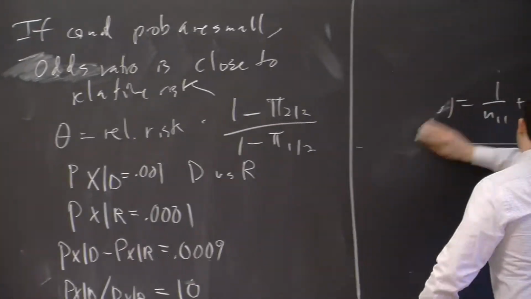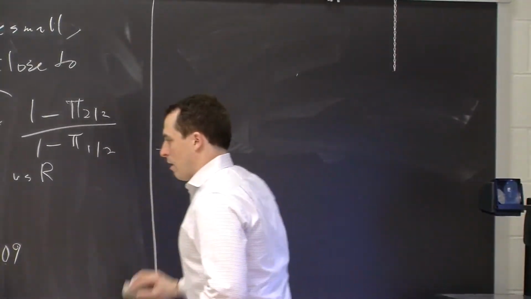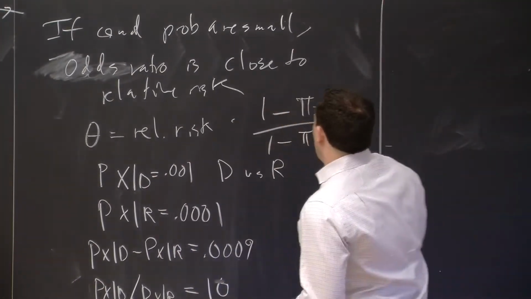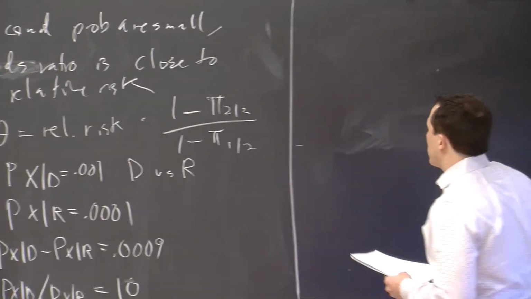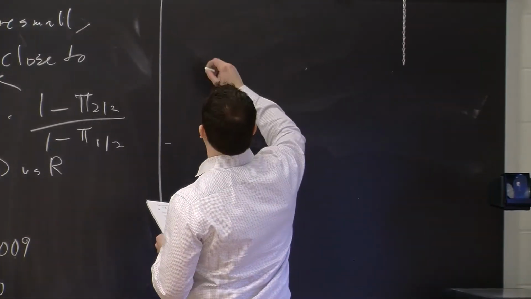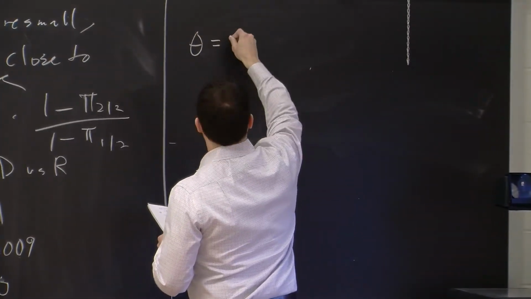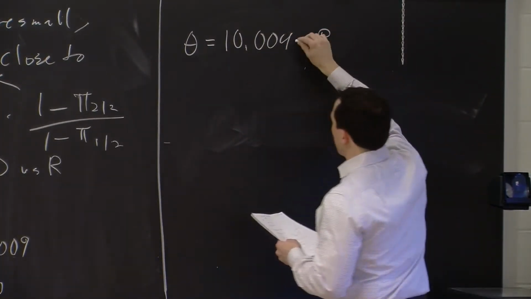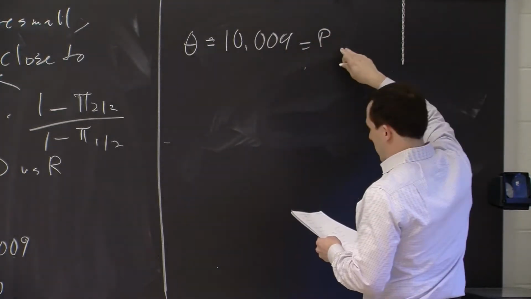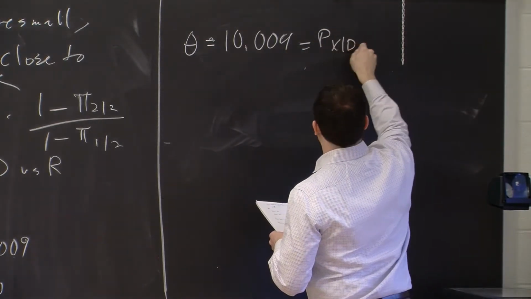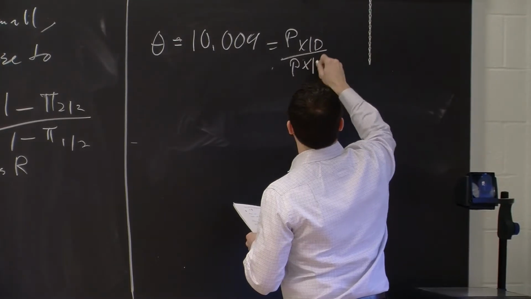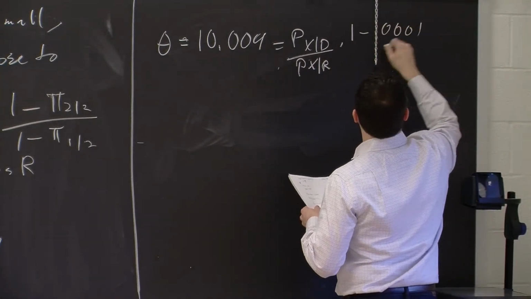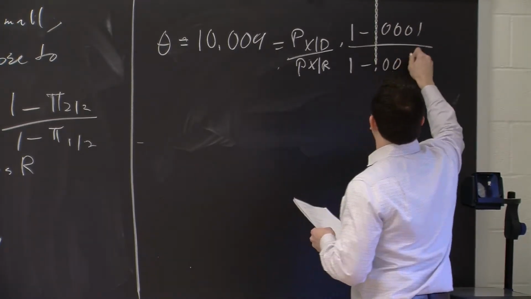And the odds ratio, so you plug it in to either that formula or just the usual formula. So the odds ratio is 10.009, which is approximately, I think there's some more digits there, the relative risk times (1 minus 0.0001) over (1 minus 0.001).